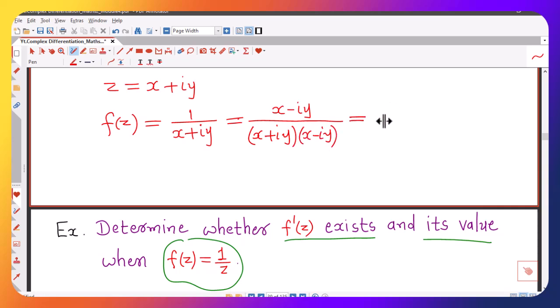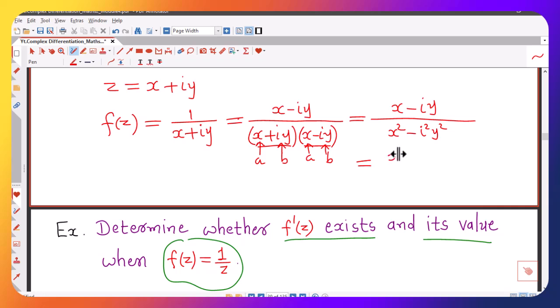Then if we simplify this, this is x minus iy. Here we can use the formula of (a plus b) times (a minus b), that is x squared minus the square of i into y, which is i squared y squared. We are using the formula of (a plus b) into (a minus b) with a equal to x and b equal to i into y.